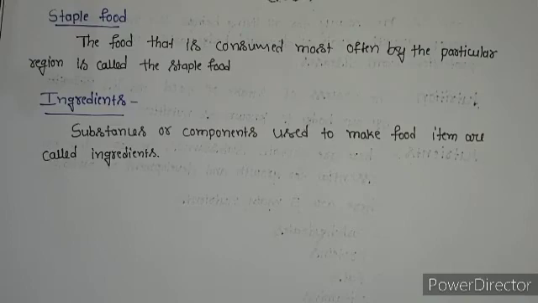While some other foods are made of many substances. The substances or components used to make a food item are called ingredients.